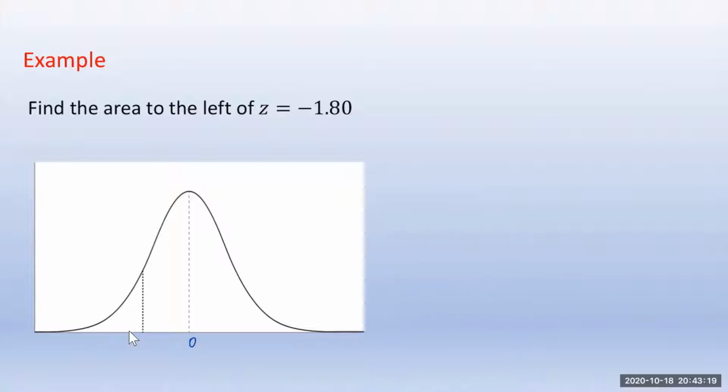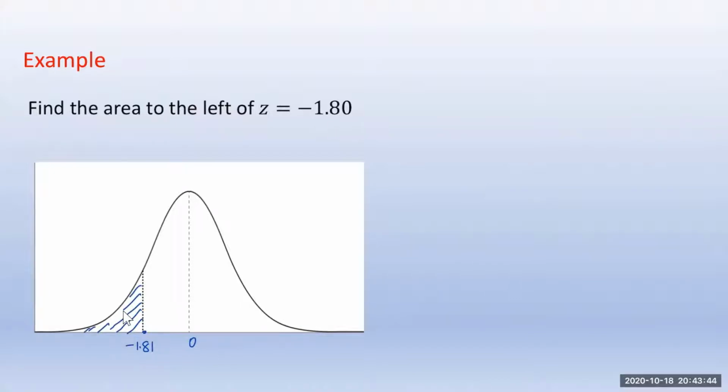So suppose the value on the x-axis over here is negative 1.81. And we want to find the area to the left of z equal to negative 1.81. So we want the area to the left of that. So this is the area that we want to find.